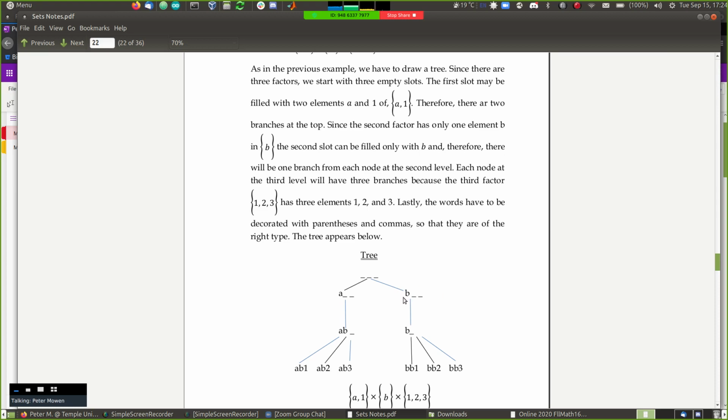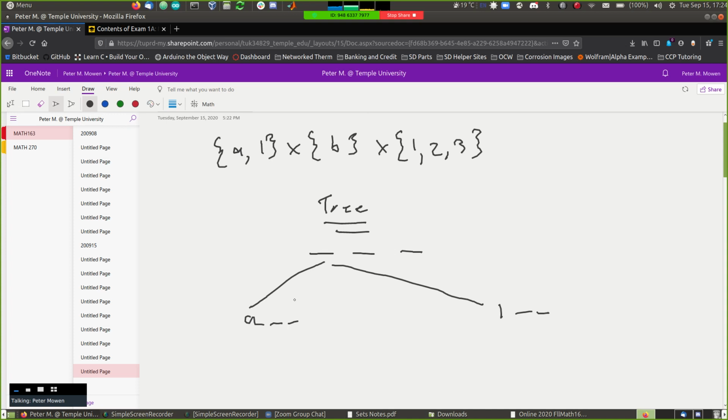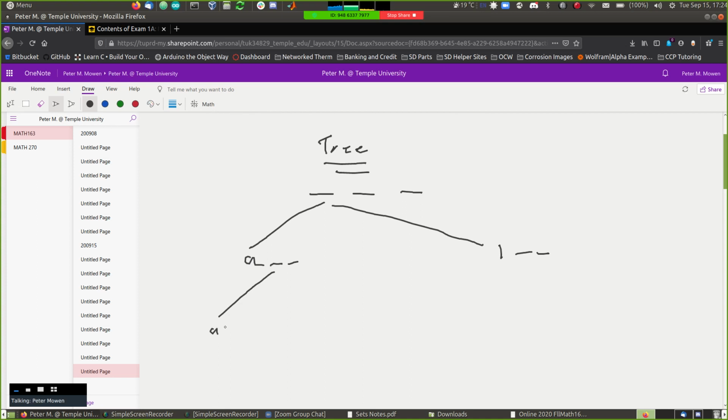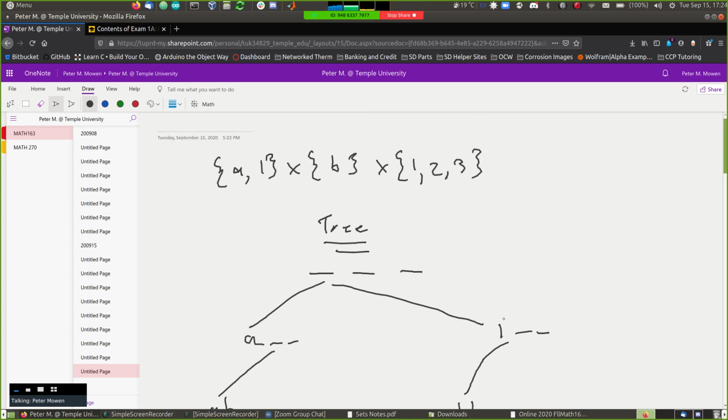That should be a 1. Because if we actually finished this problem out, the only thing on the next line is a B. So both of these just have like 1B blank, and then the last one is 1, 2, and 3.